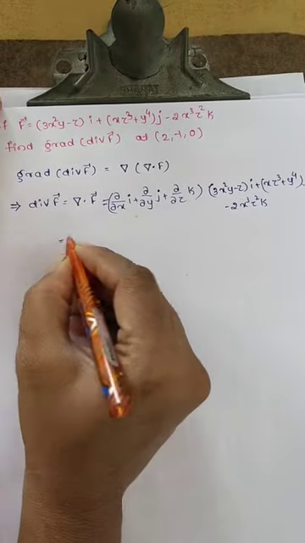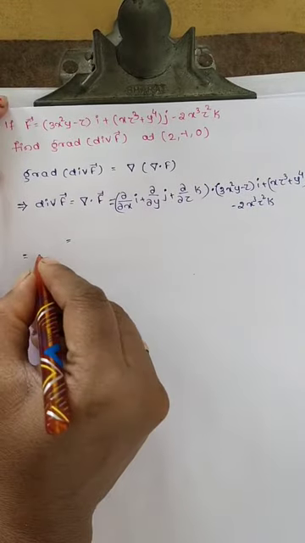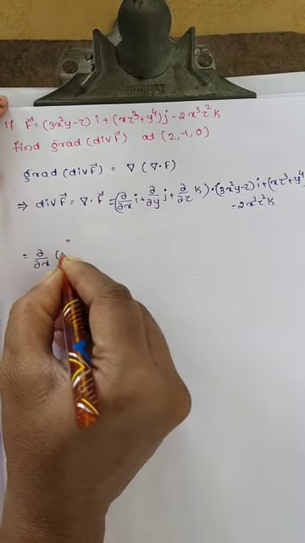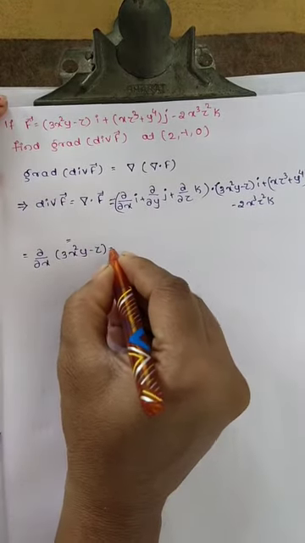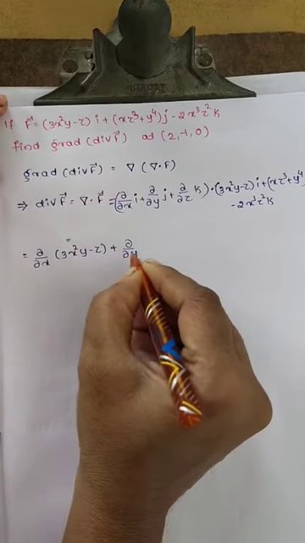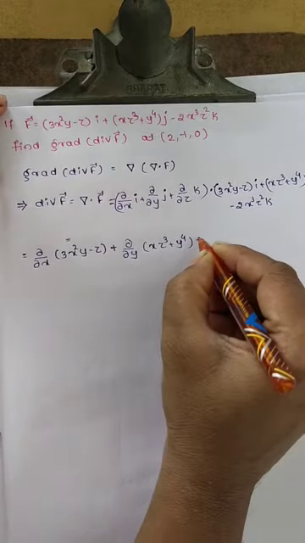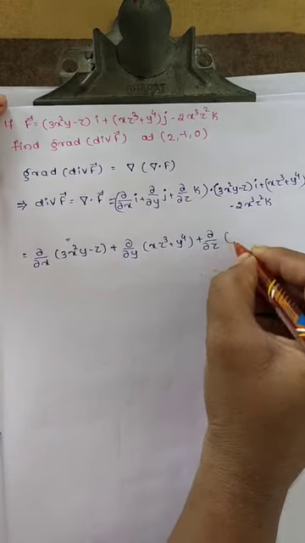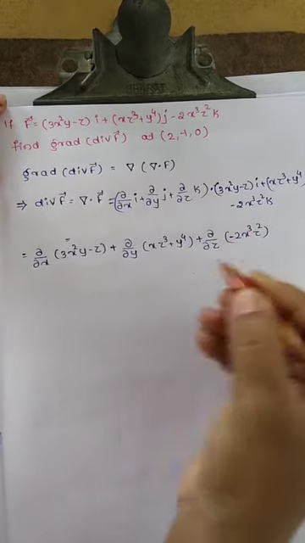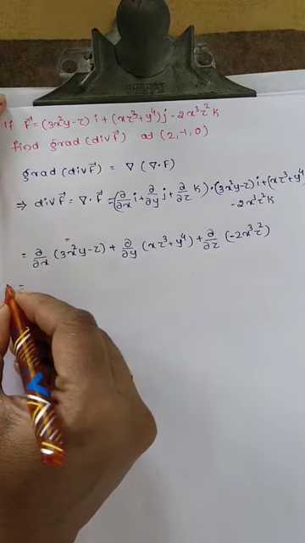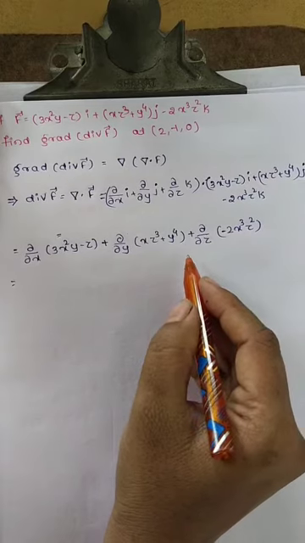From these two, we have to apply the dot product. ∂/∂x of 3x square y minus z, plus ∂/∂y of xz cube plus y raised to 4, plus ∂/∂z of, here minus is there, with the minus only we have to take. Now differentiate partially with respect to x, with respect to y and with respect to z.